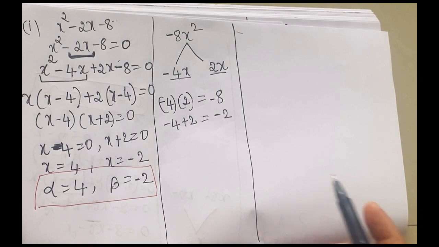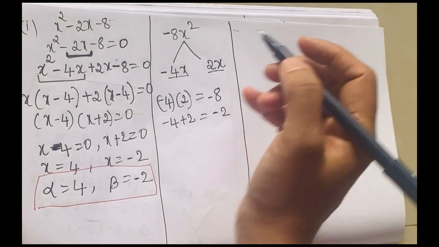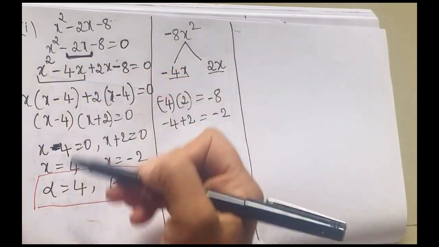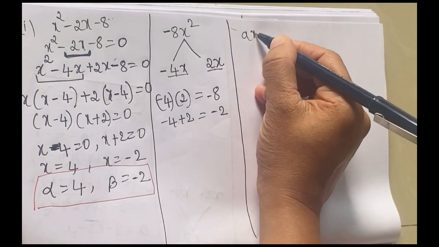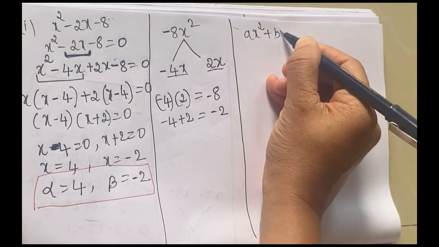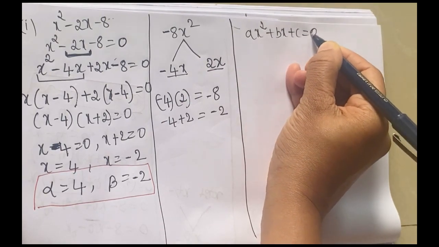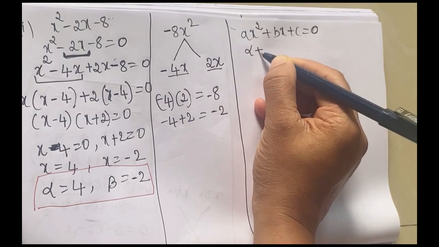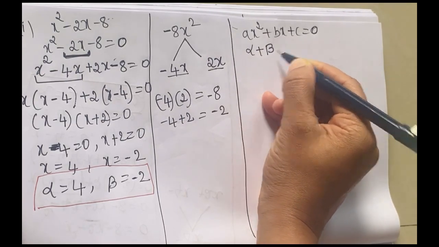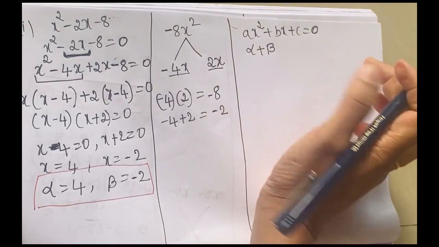Second question is, we need to verify the relationship between coefficients and the zeros. If the equation is like this: ax square plus bx plus c is equal to 0, then alpha and beta are the roots, zeros of this polynomial.